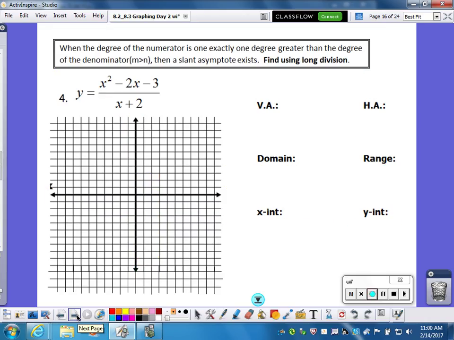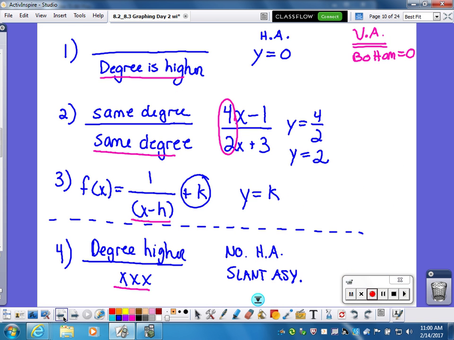Okay, the last problem deals with, if we go back to the very beginning of our page, this fourth situation where the degree is bigger on top. Okay, so a big thing you need to recognize is when the degree is bigger on the top, there is not going to be a horizontal asymptote. There's going to be a slant asymptote.